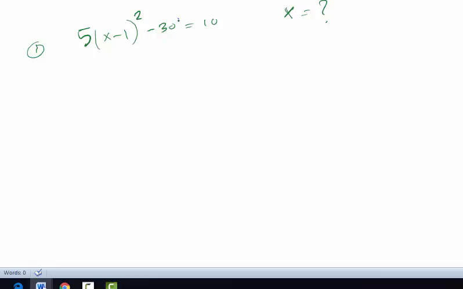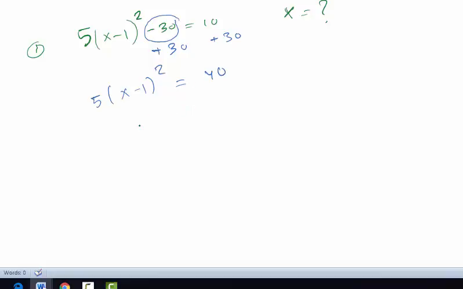We have negative 30. If we add 30 here and add 30 there, the equation remains valid. So what do we have then? 5 times x minus 1, whole squared, equals 30 plus 10, which is 40.